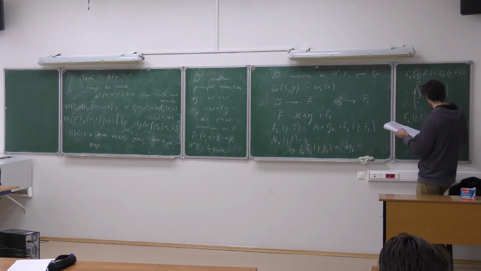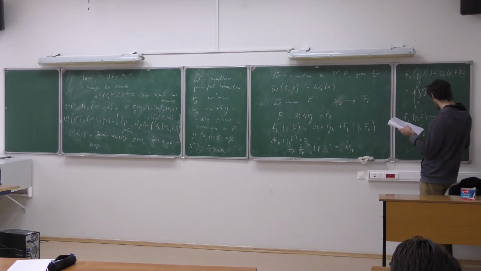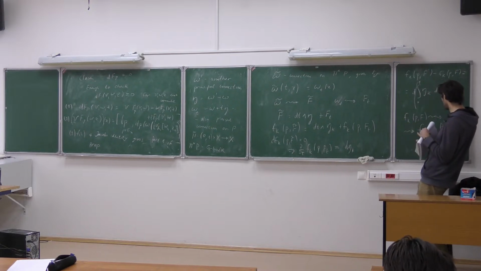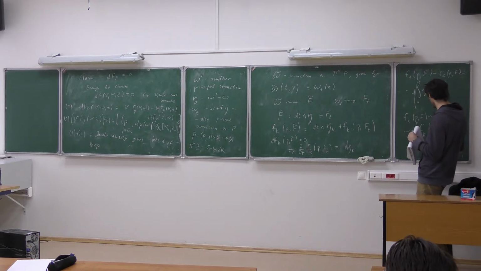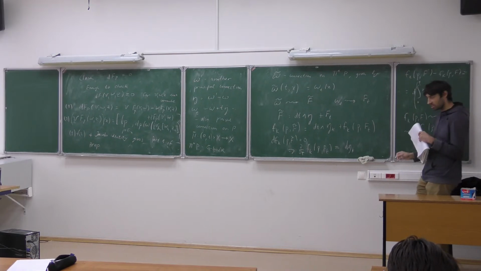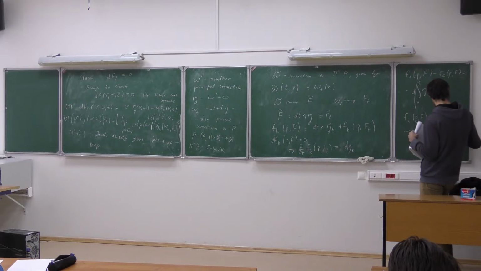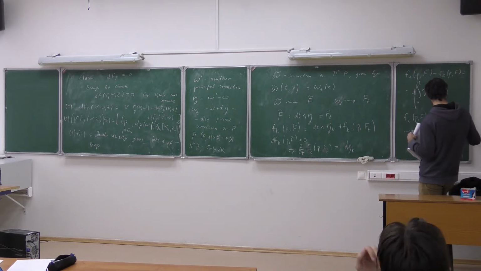Right, it defines a class, a cohomology class, which, well, I will write it like this. So it doesn't depend on f, but rather depends on rho, f, and P, the principal bundle. And so it is a class. And it is an element of H^{2k} de Rham of X.